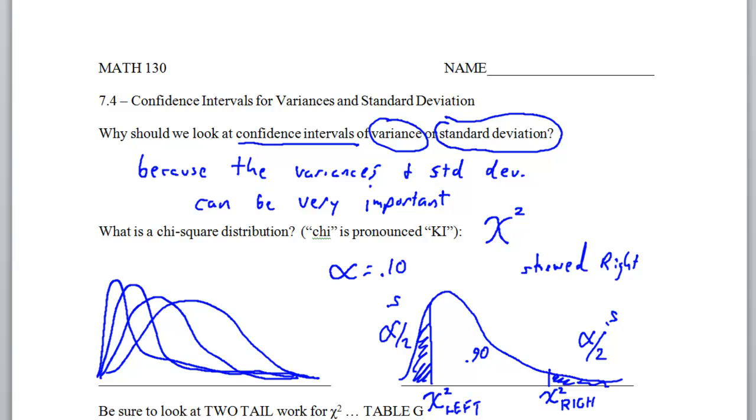So just make sure that when you're given the alpha, you cut the alpha in half for the tails. And I notice I'd put down 0.5. I should put down 0.05. Sorry for that little mistake there. 0.05. And that way you have 5%, 90%, and 5%. So this area in the middle here is 1 minus alpha, and the areas on the ends are the alpha divided by 2. All right, let's move on here.